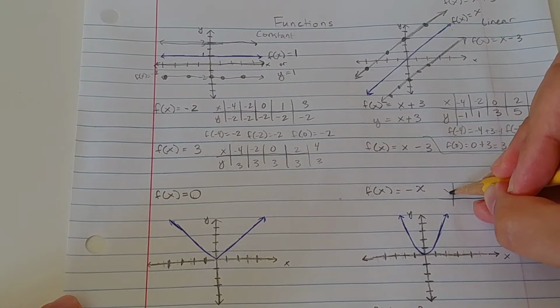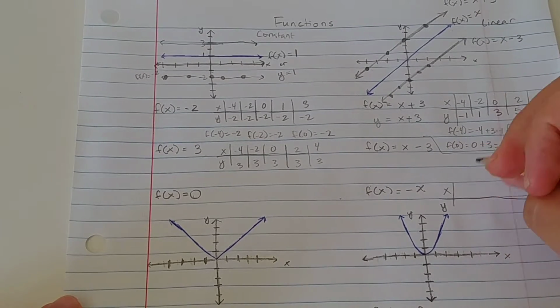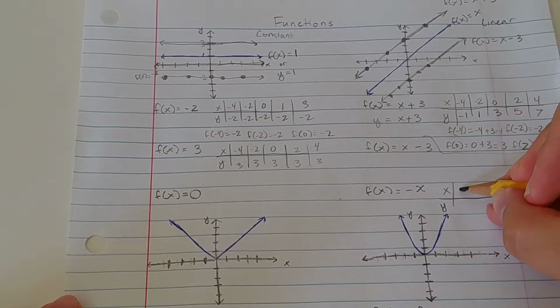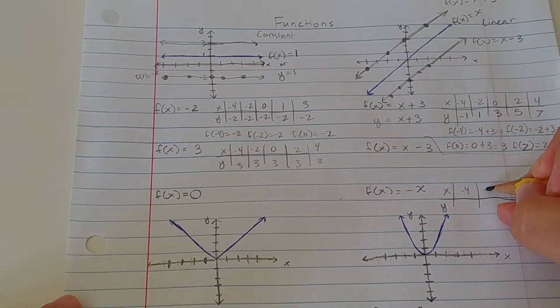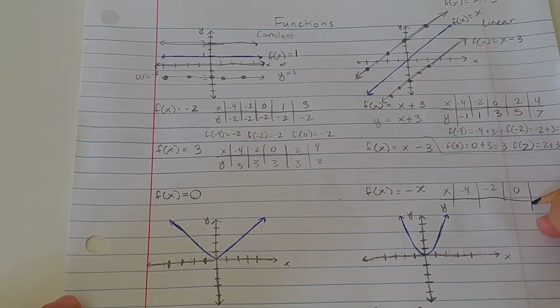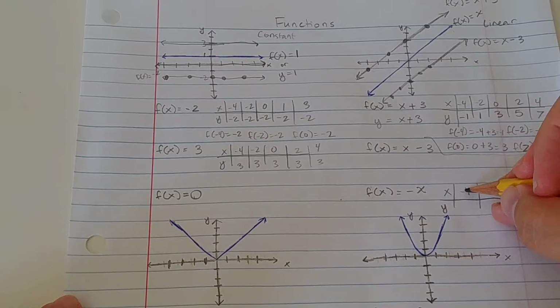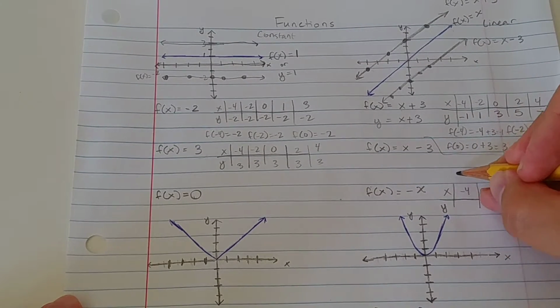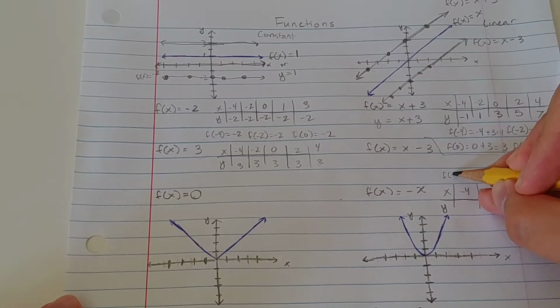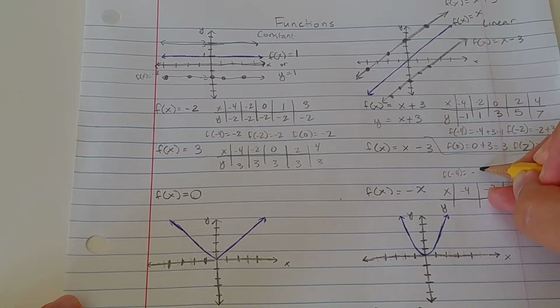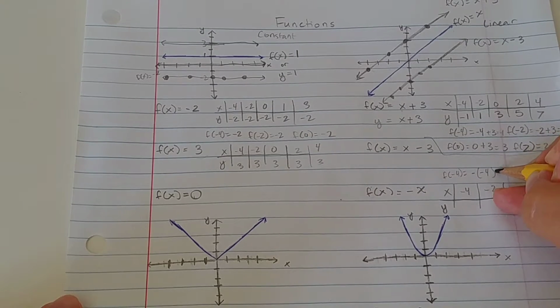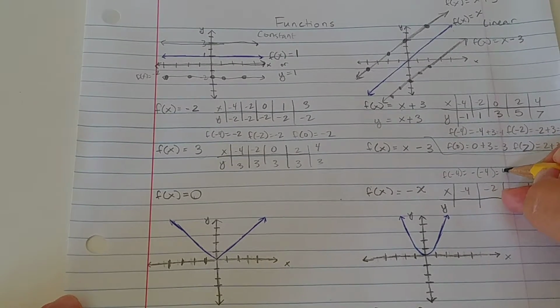Table time. All right. So you have negative 4, negative 2, 0, 2, and 4. All right, plug in negative 4. So you have f of negative 4 equals negative negative 4, which is positive 4.